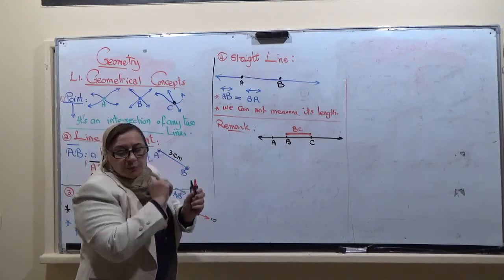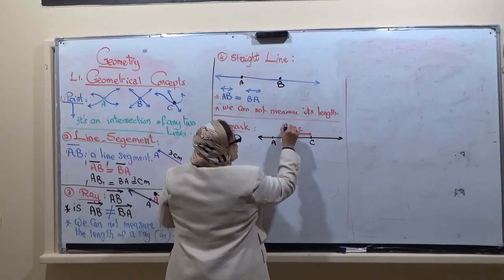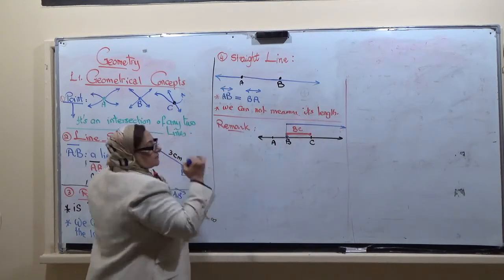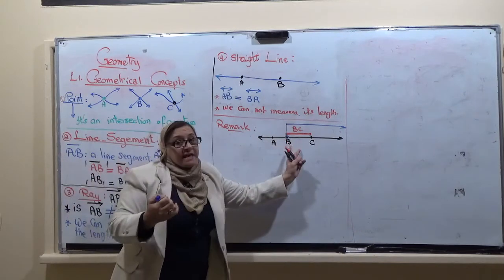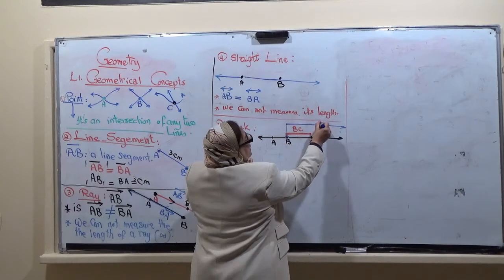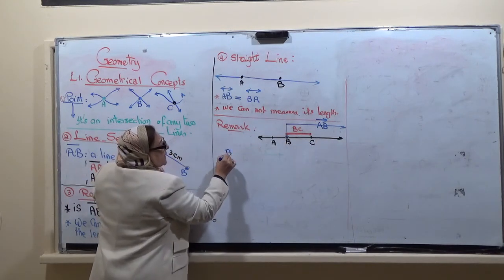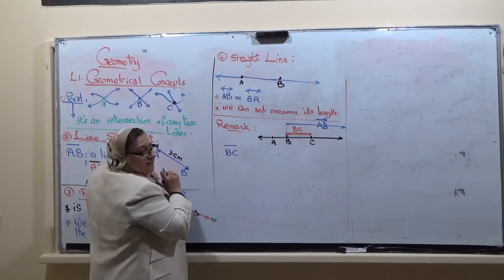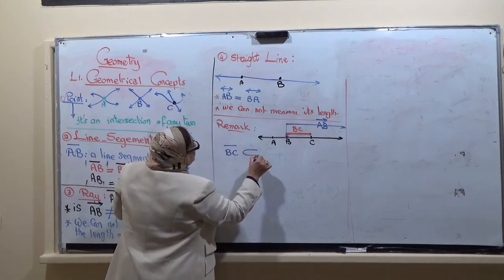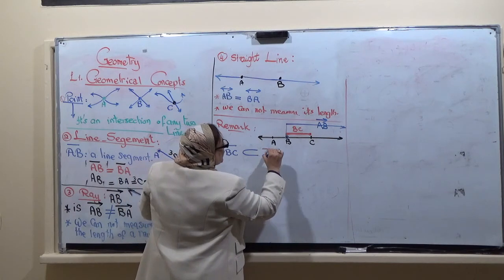Where is the BC ray? It means that I go from B in the direction of C up to infinity. So the BC line segment is a part of the BC ray. We can say that the BC line segment is a subset of the BC ray.